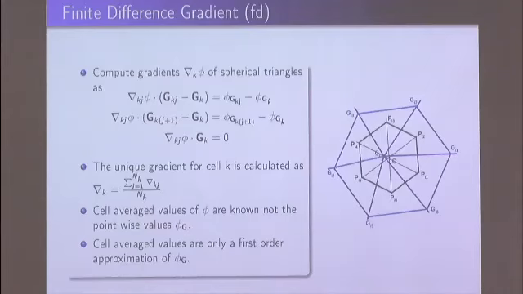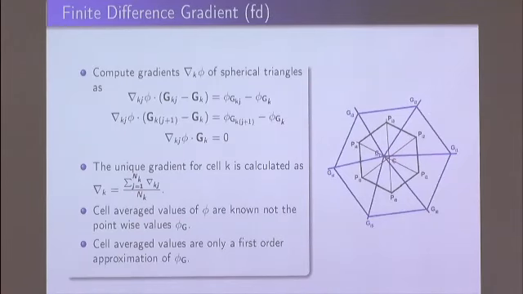If it is a hexagon, there will be 6 constituting triangles, otherwise there will be 5 triangles, and we compute these 6 or 5 component gradients.